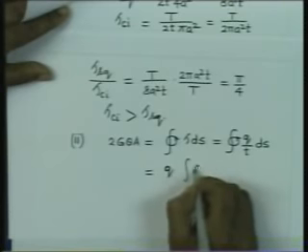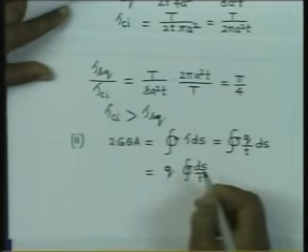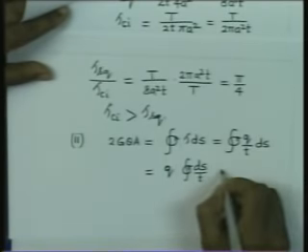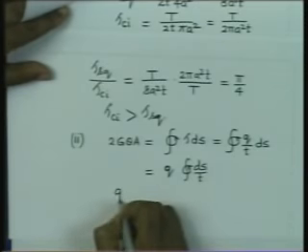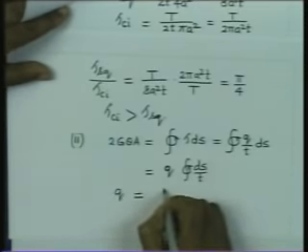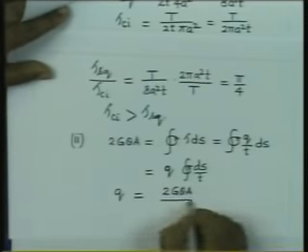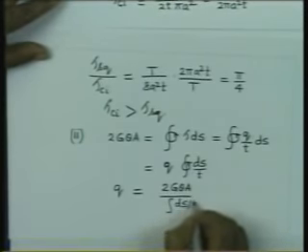So, therefore, it is ds by T, and finally, we have Q is equal to 2g theta A by ds by t.